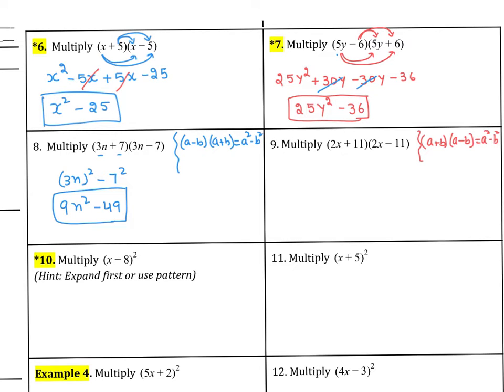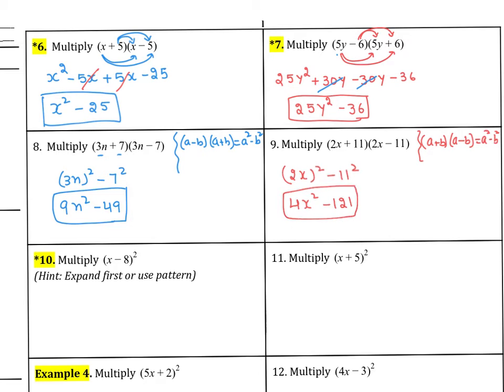For question number 9, I'm going to also use the special product, that is going to be a plus b times a minus b, and that's going to give me a squared minus b squared. So similarly, we are going to write 2x squared minus 11 squared, and that's going to be 4x squared minus 121.